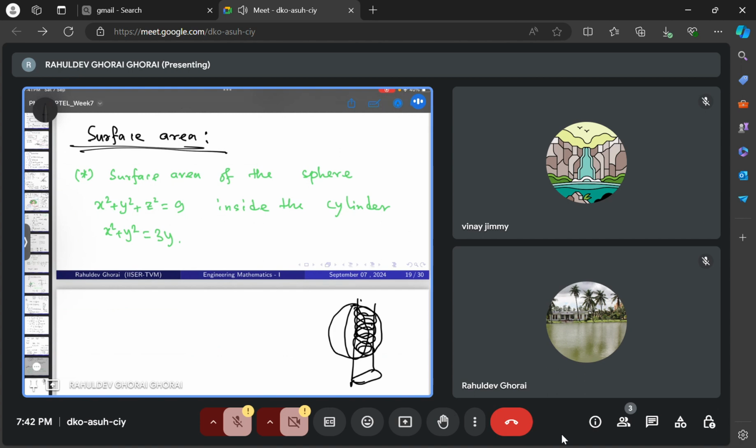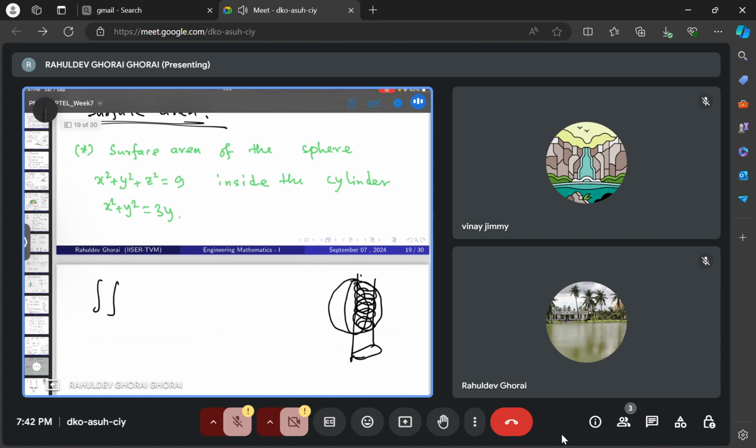The surface area will be the square root of 1 plus, if z equals f(x, y), this type of function, then 1 plus del z del x whole square plus del z del y whole square.